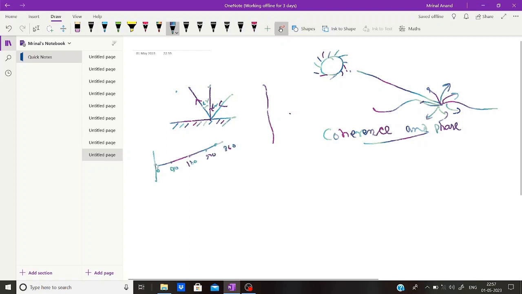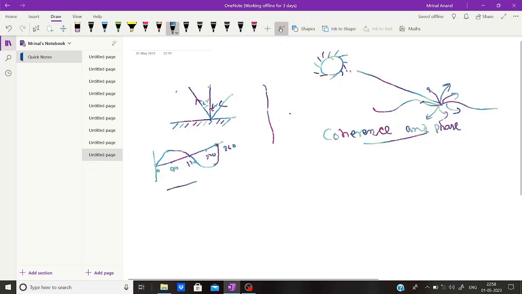Now sine 90 degrees is equal to 1, the highest amplitude; sine 180 degrees is equal to 0; sine 270 degrees is minus 1; and sine 2 pi, that is 360 degrees, is again 0.